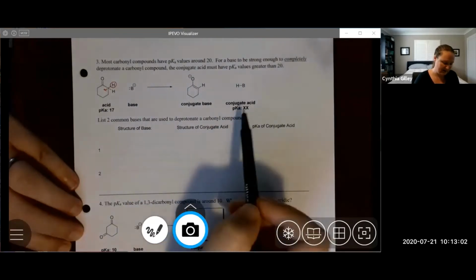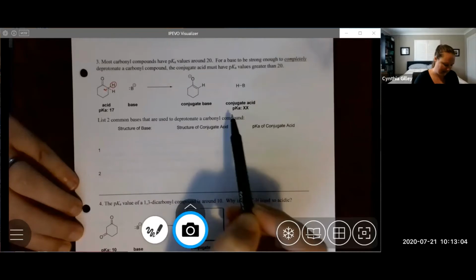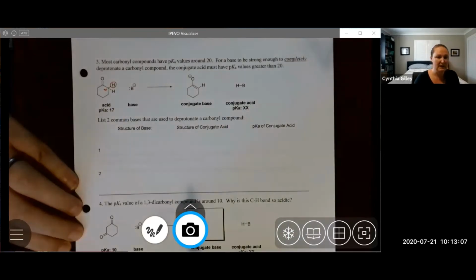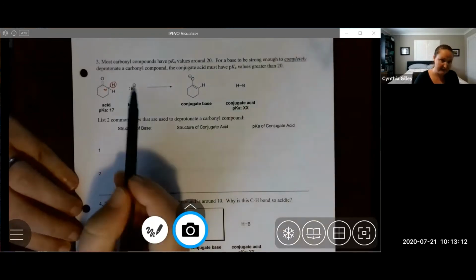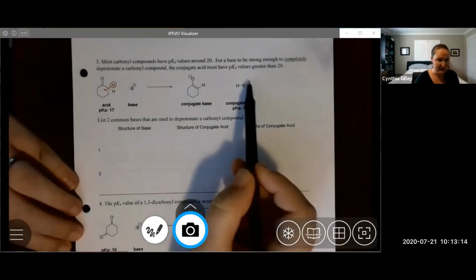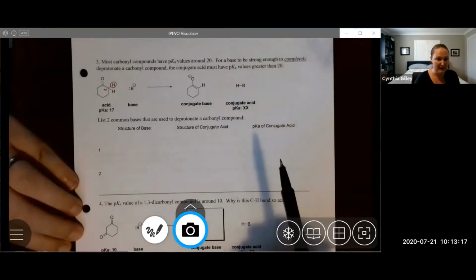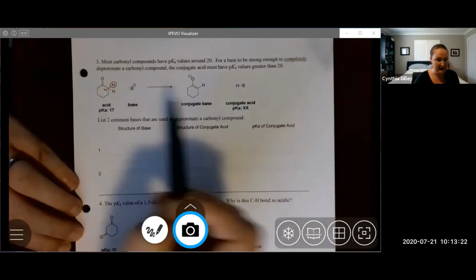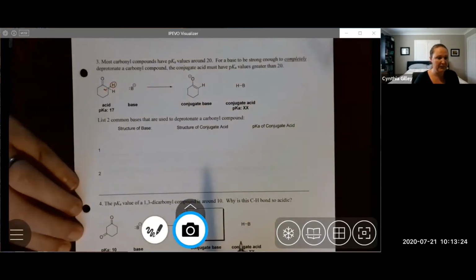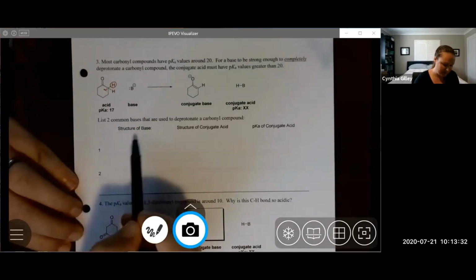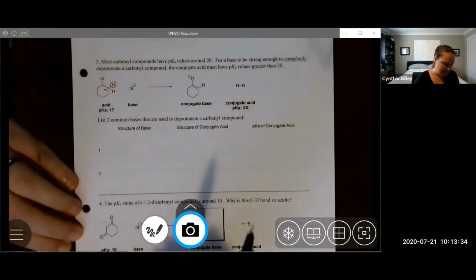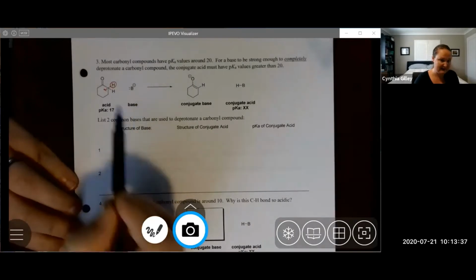So we need to use a pretty strong base, because for example, if you had used hydroxide, then water would be the conjugate acid, and water's pKa is only about 16. So it would not fully deprotonate the alpha position of a ketone, it would only partially deprotonate it. So depending on whether you want full or partial deprotonation, careful choice of the strength of the base is necessary.